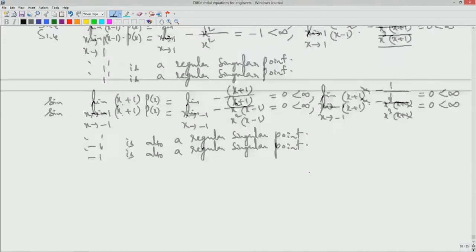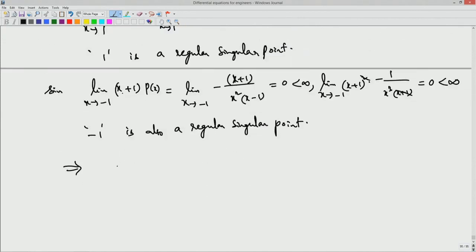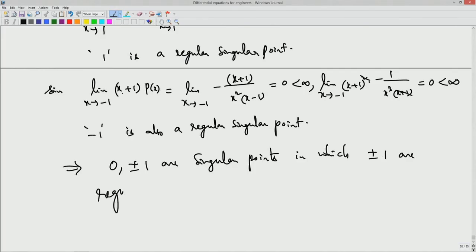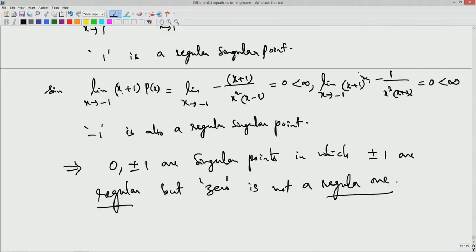So, that implies 0 and plus or minus 1 are singular points, in which plus or minus 1 are regular, but 0 is not a regular one.